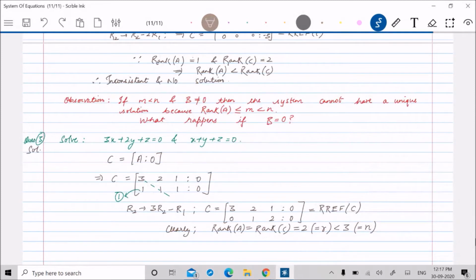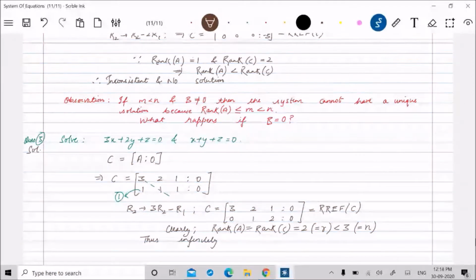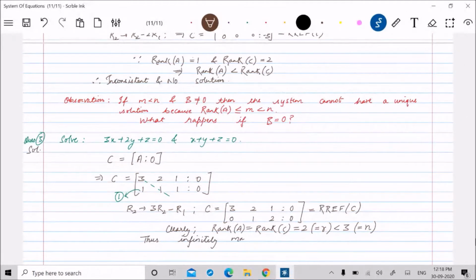Okay. So this indicates that because their ranks are equal, you have a solution. But since r is less than n, you have infinitely many solutions, right? Thus, infinitely many solutions exist.